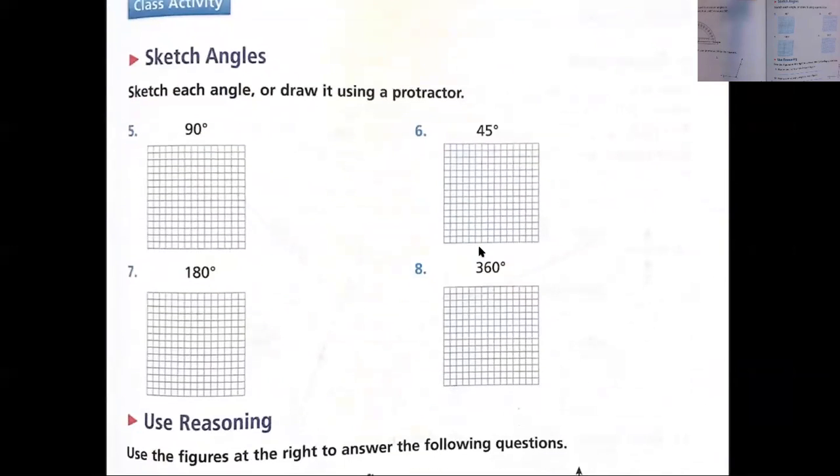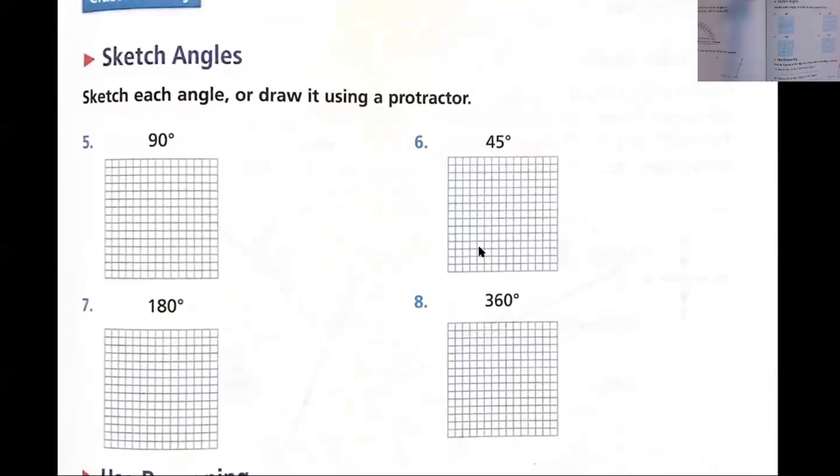So then on number 5, we take it and we know that a 90-degree angle creates a perfect square. So we want to make sure that we have endpoints still and a vertex, still making sure that we're drawing good angles and taking good notes, but knowing that that's about as much as we need.